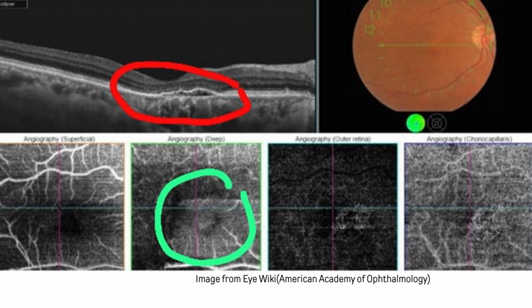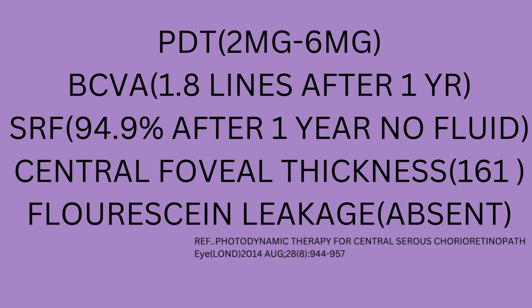Furthermore, there is another treatment, very promising, and which has been tried for years, and that is photodynamic therapy. Patient is given a dose of injection verteporfin, IV. The dye goes in the body, even in the retina.